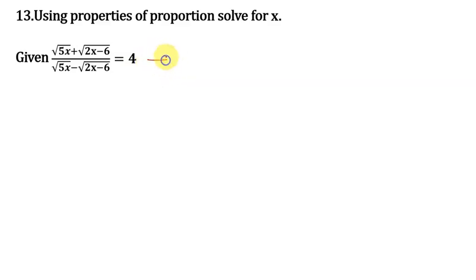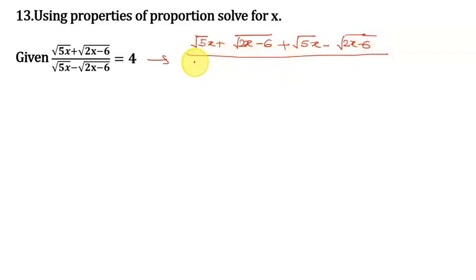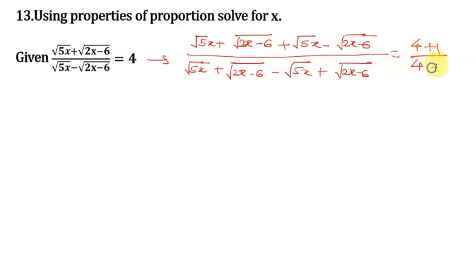After applying componendo and dividendo, you will have here root of 5x plus root of 2x minus 6 plus root of 5x minus root of 2x minus 6, and this whole divided by root of 5x plus root of 2x minus 6 minus root of 5x minus, minus will become plus, root of 2x minus 6, and that is equal to (4 plus 1) upon (4 minus 1).